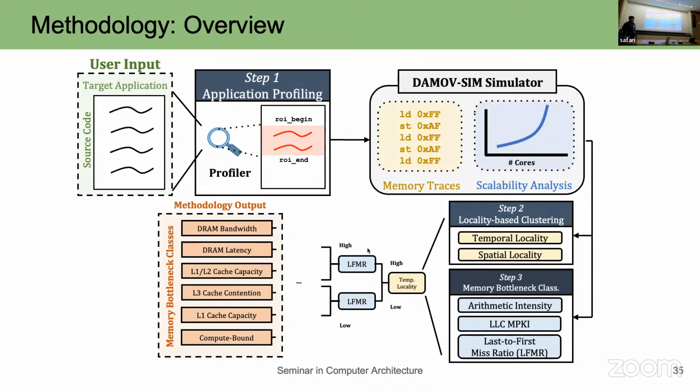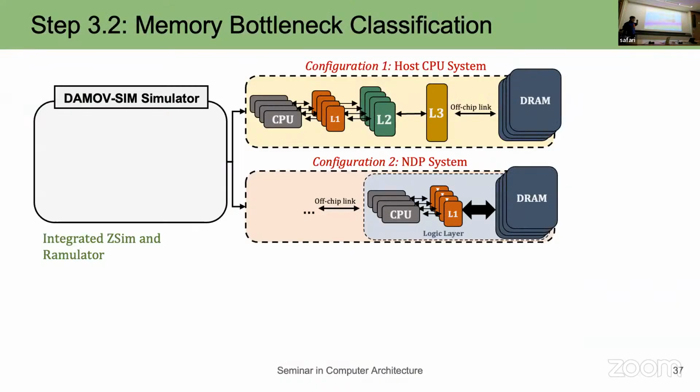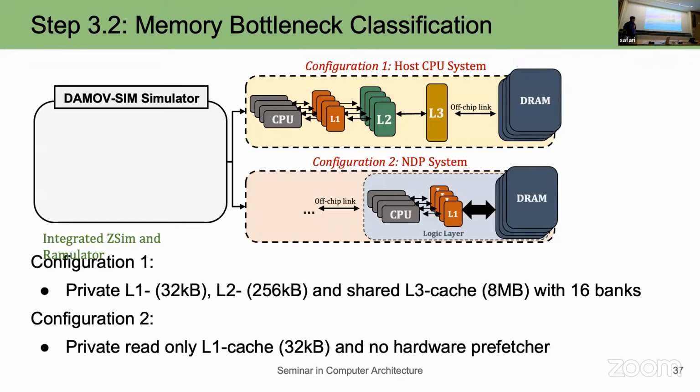Next, we'll look at the scalability analysis, which is performed on those 3 key metrics. There are 3 different system configurations, one is omitted in this picture. So the first configuration is a very standard CPU system with a private L1 and L2 cache and a shared L3 cache.